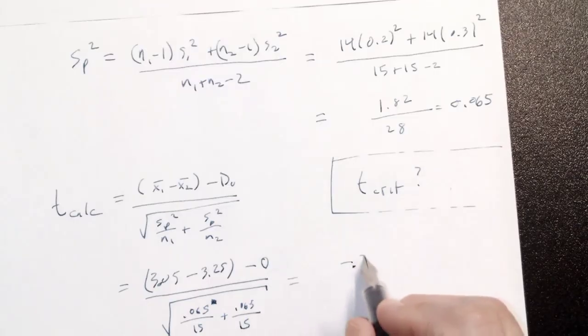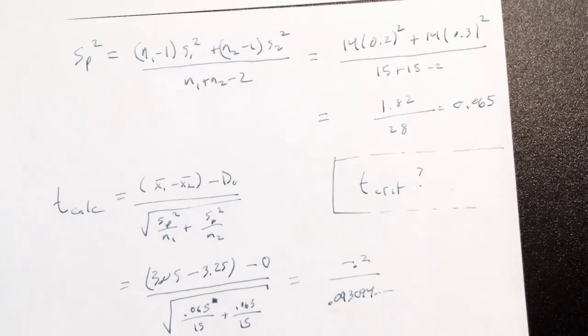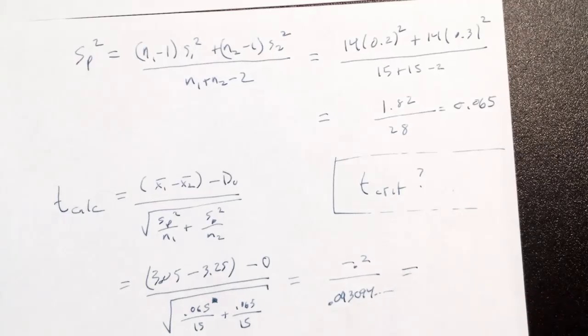I get negative 0.2 over the square root of 0.065 over 15 times 2, which is 0.093094, lots of other decimals. And when I divide, what do you get?